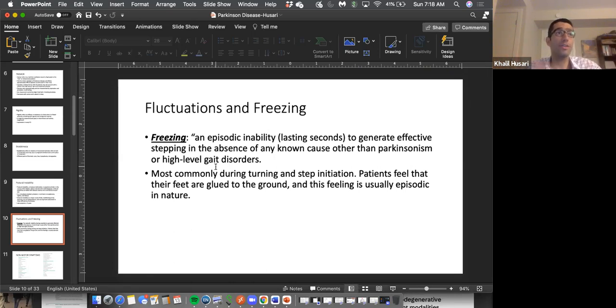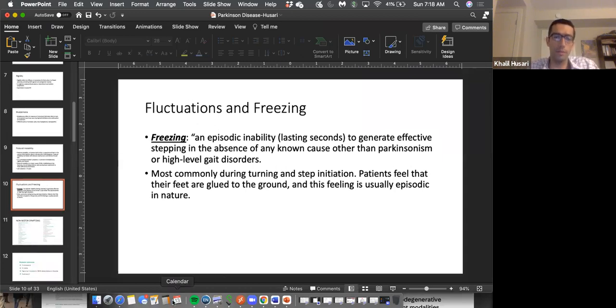And some patients are stuck and can't move. One treatment of freezing is an apomorphine injection, which is a dopamine agonist, and it can treat the freezing episodes. It's very disabling, the freezing, because people can get stuck really for several hours.